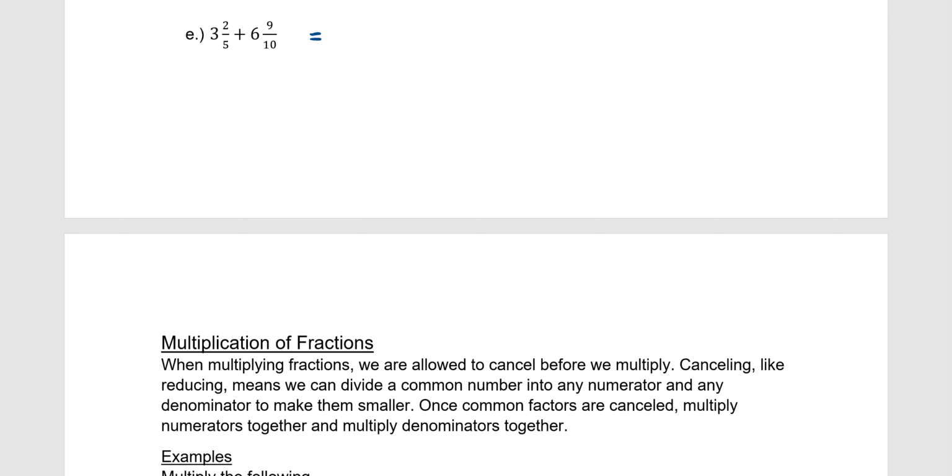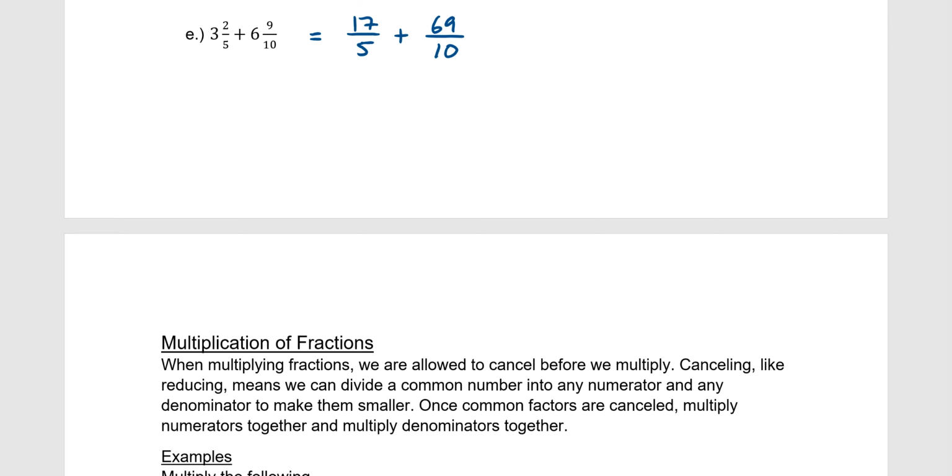So 3 and 2/5. I'm just gonna not show my work for this one, but it's 5 times 3, which is 15, plus the 2, which is 17, over that denominator of 5, just like we did a few pages ago, plus 6 and 9/10. 10 times 6 is 60, plus 9 is 69, over 10.